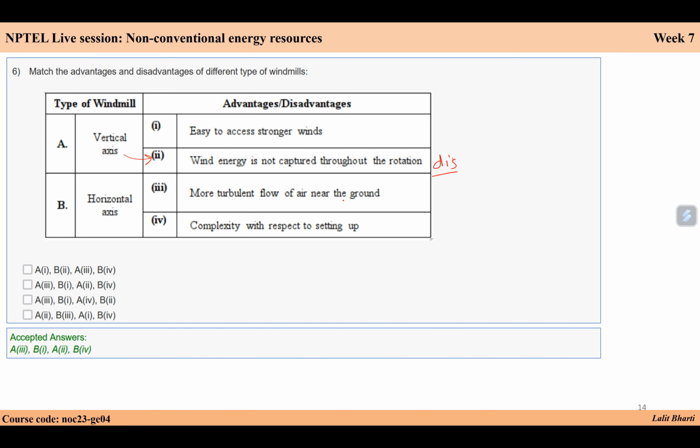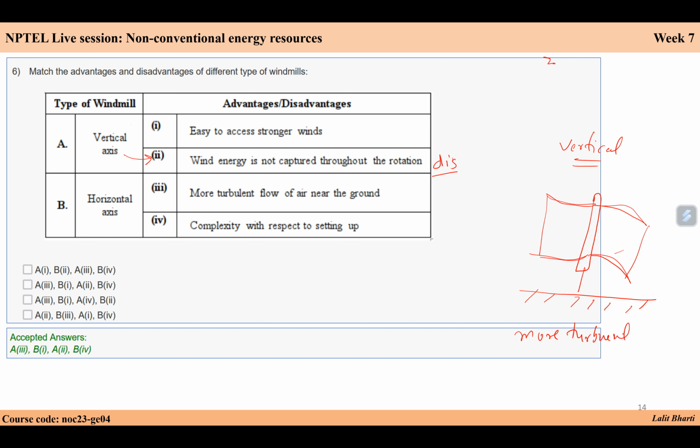Third, more turbulent flow of air near the ground. Because you see, for a vertical axis turbine, these are basically near the surface, so they will produce more turbulence, hence more turbulent air near the ground.